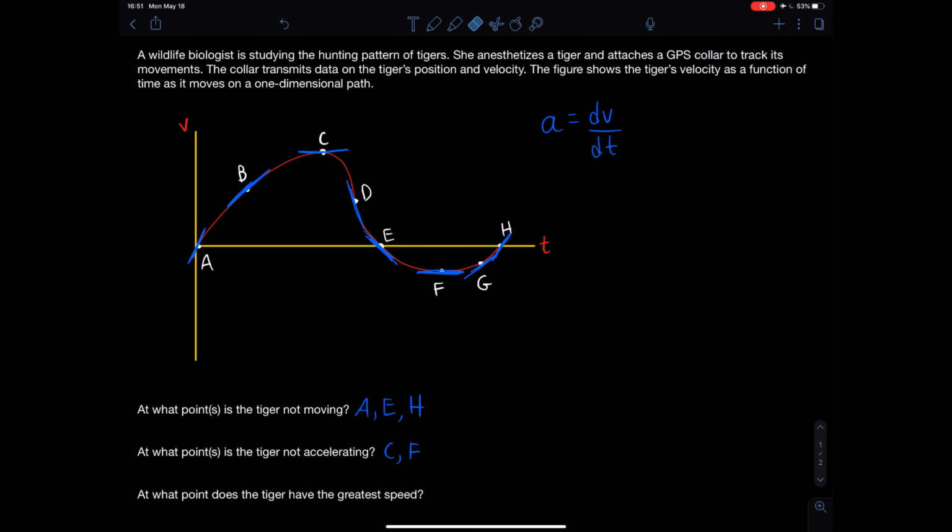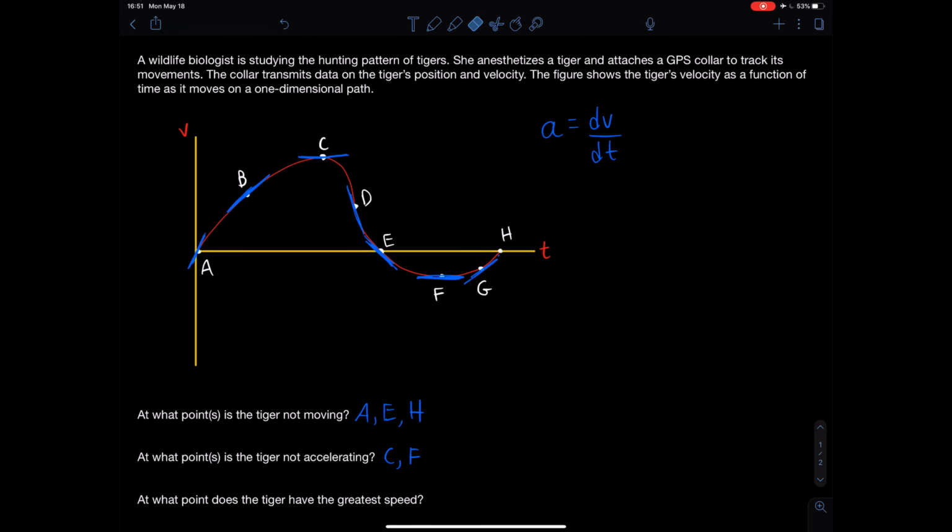Okay, the next one says, at what point does the tiger have the greatest speed? So if we're looking at speed, speed is just the magnitude of the velocity. So we have to be careful here. It would be easy to say, oh, well, the biggest value is right here at C. That's the highest value. In this case, it happens to be right, but if this graph went in a different direction, and we had some point down here, well, the distance from this new point to 0 is greater than the distance from C to 0.